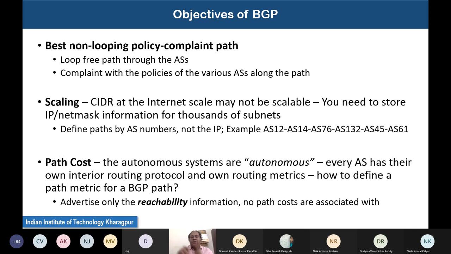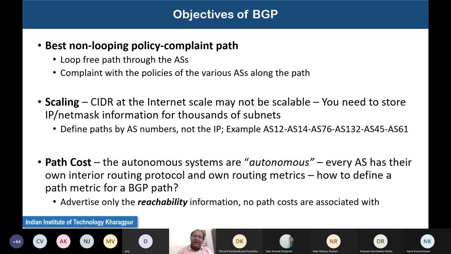So that was the basic policy behind BGP, and as a result, it might happen that you choose a longest path rather than a shortest path, and we just accept that. Okay, because we do not have any other choice that can be performant and at the same time scalable. As I was mentioning earlier, there is always a trade-off between correctness and the performance or scalability. You cannot satisfy both in a large-scale network.